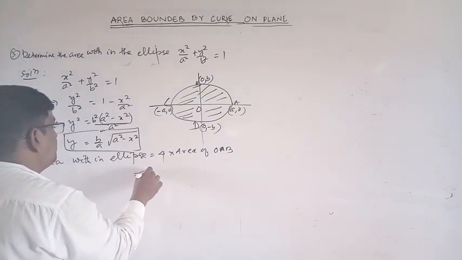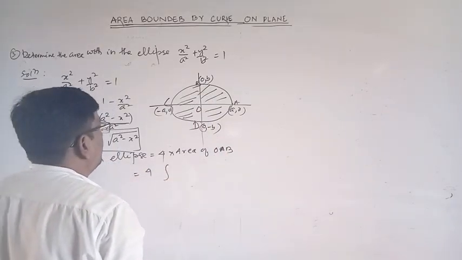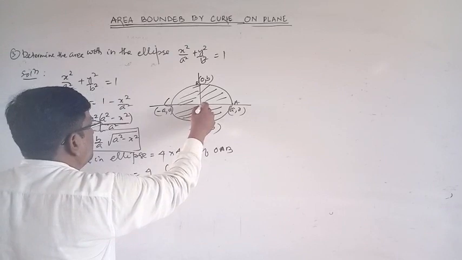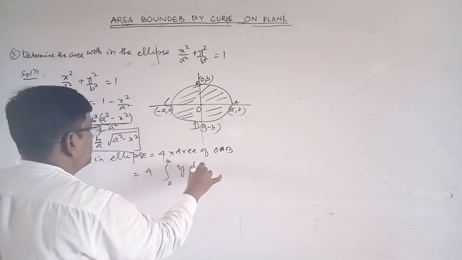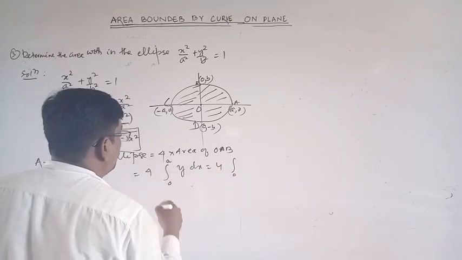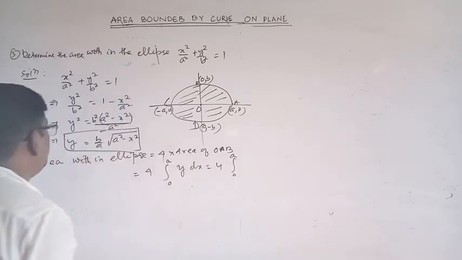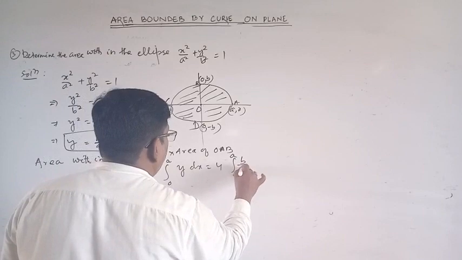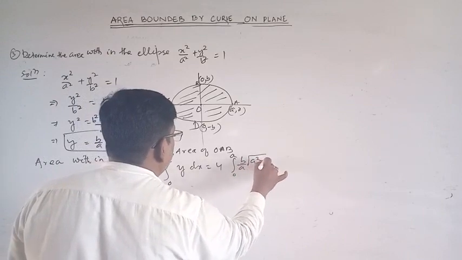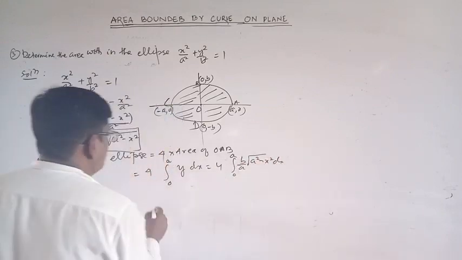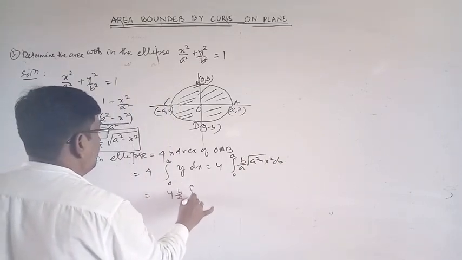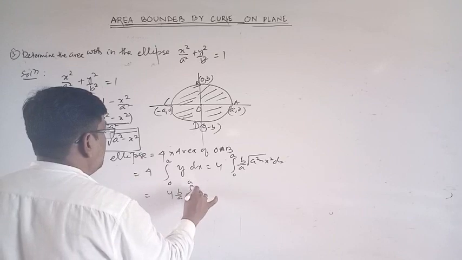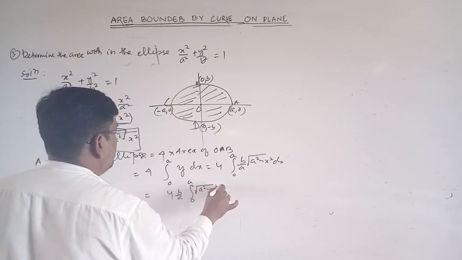So 4 times the area means 0 to a, y dx. So 4 times 0 to a, y means b by a root over a square minus x square into dx. So this is equal to 4 times b by a, integration 0 to a, root over a square minus x square into dx.